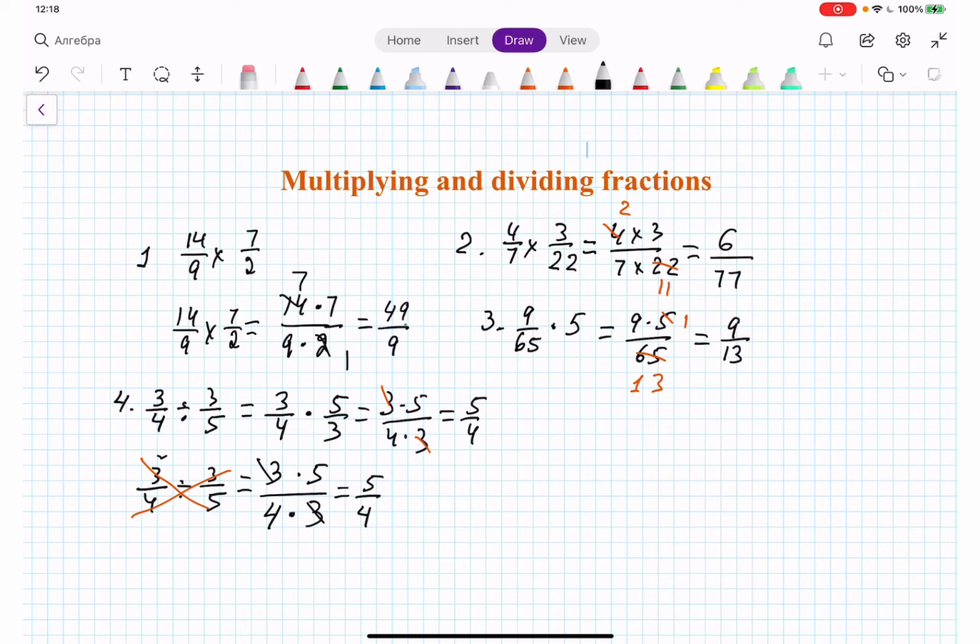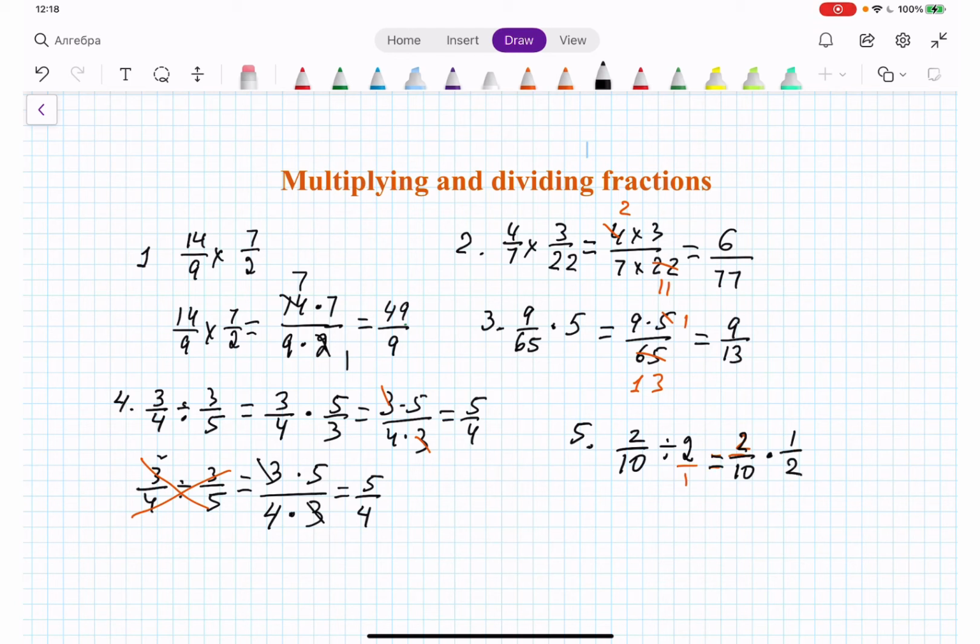Number 5. Two over 10, we are dividing by 2. Okay, so I am representing 2 as 2 over 1, which means it's going to be 2 over 10 times 1 over 2, right?